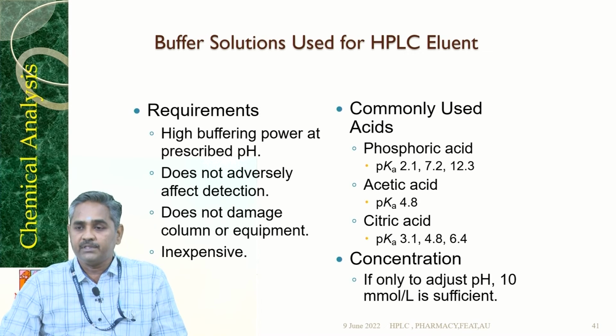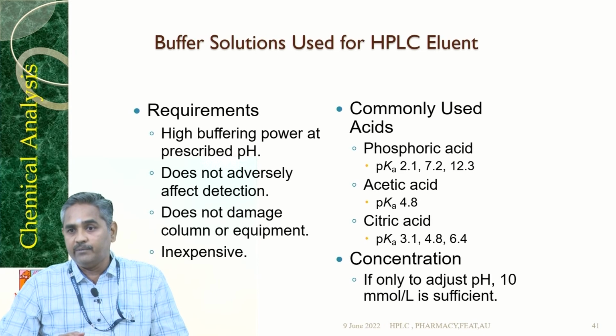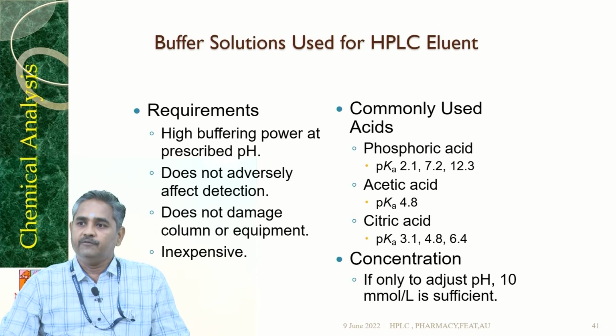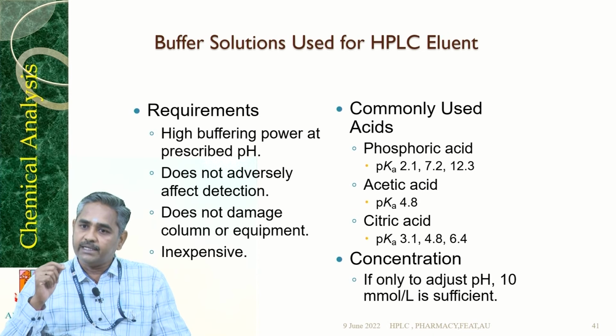Once precipitated, it is difficult to remove from the column, and the column will get damaged. Not only the column, the tubing will also be deposited with the inorganic salts, which blocks the tubing of the HPLC system, causes an increase in pressure and decreases the efficiency of separation of the samples.